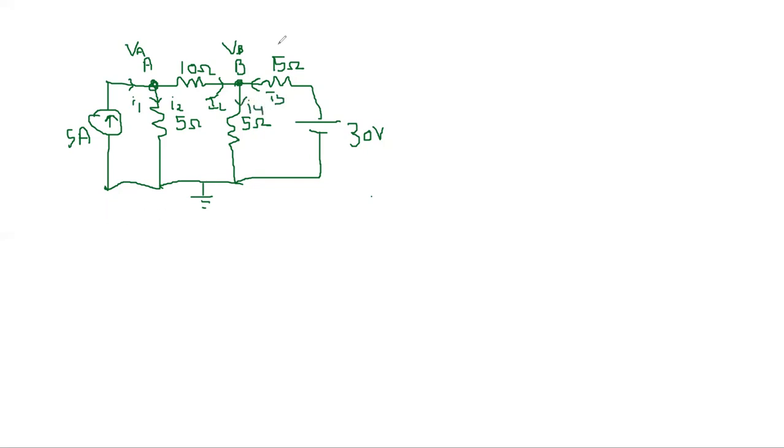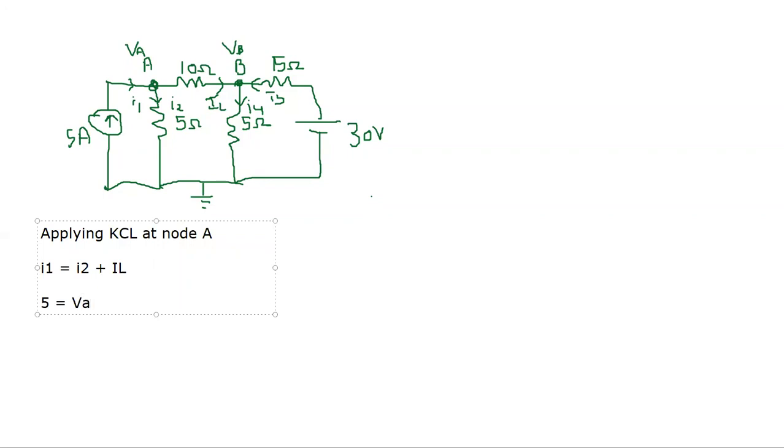So applying KCL at node A. If you apply KCL at node A, I1 is entering and I2 and IL are leaving. I2 plus IL, right? So what is I1? I1 is nothing but 5 ampere. What is I2?